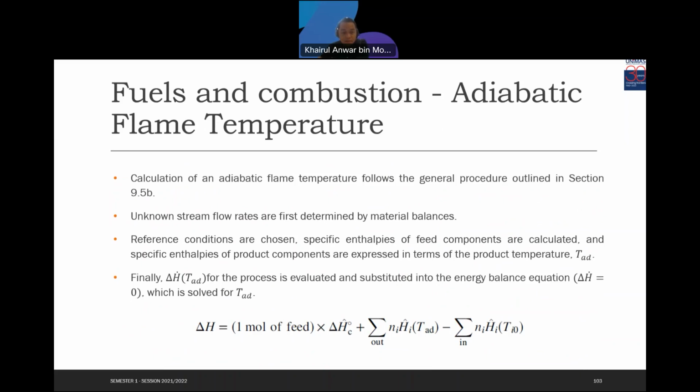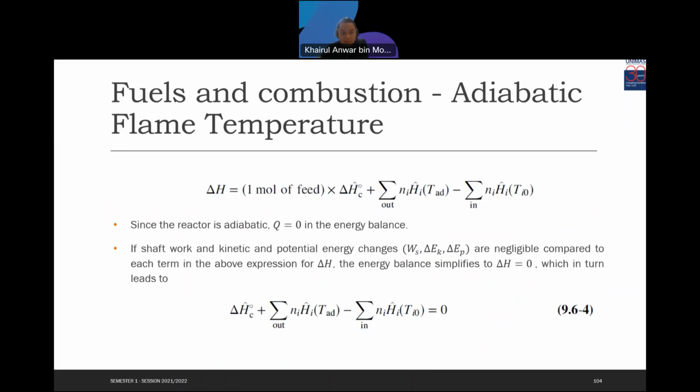So delta H equal to 1 mole of fuel times delta H of combustion plus the sum of n i H i for outlet minus for product minus reactant. As the reactor is adiabatic, Q equal to 0, and if shaft and kinetic energy are negligible compared to each term in the above expression for delta H, then we can simplify this equation to 9.6-4.